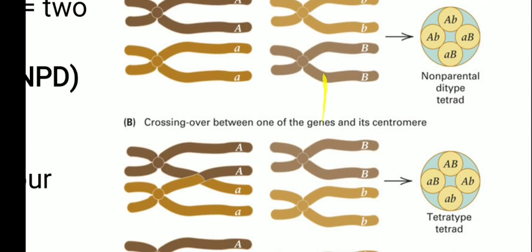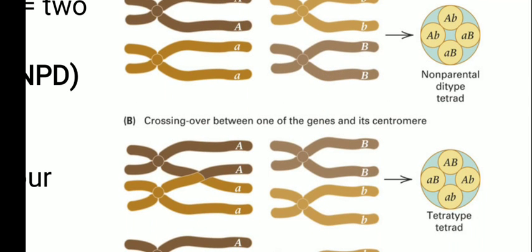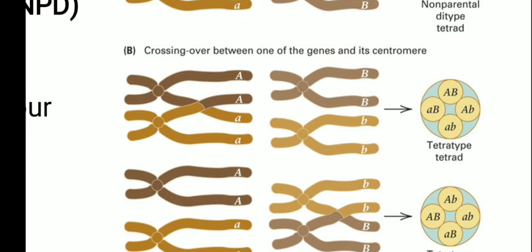Then in the second diagram you can see the non-parental type tetrad, and the last structure is of the tetratype tetrad, in which all four types of ascospores are observed.